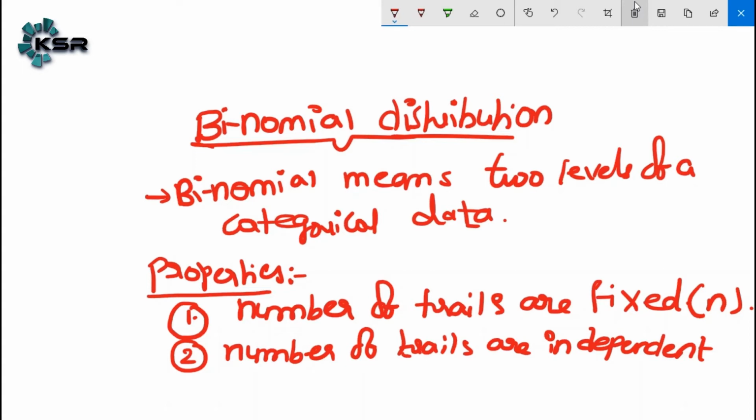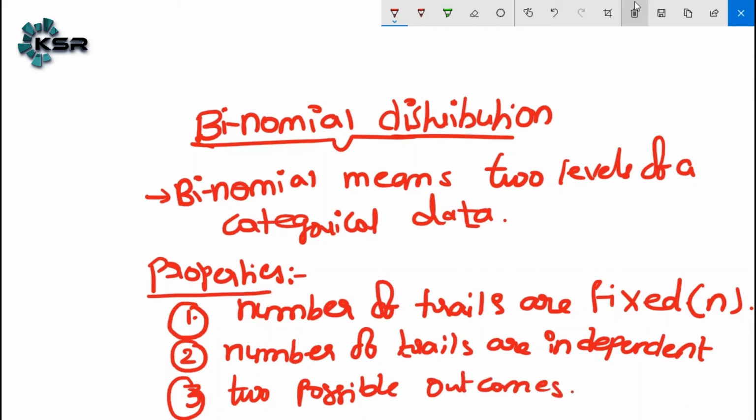Here the third point is two possible outcomes. In the binomial distribution we have two possible outcomes. Those are true or false, yes or no, 1 or 0.